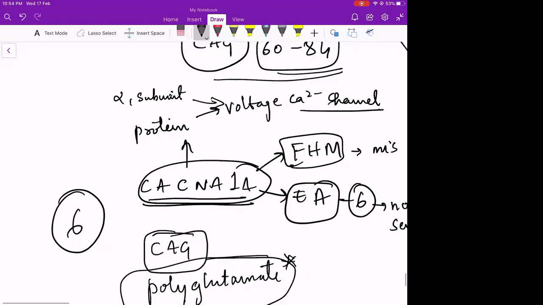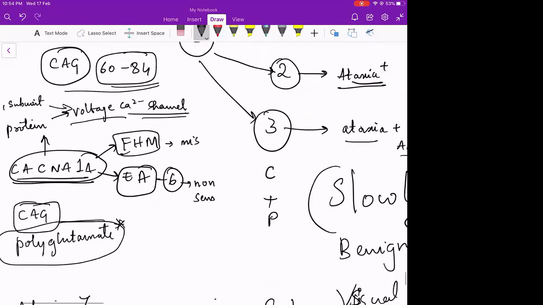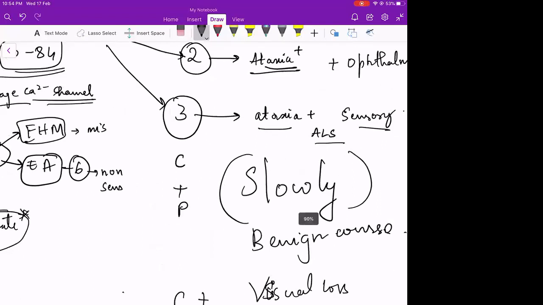Due to the affection of this particular voltage gated channel, the patient will have type 6 ataxia. It is slowly progressive. Patient will have a benign course.